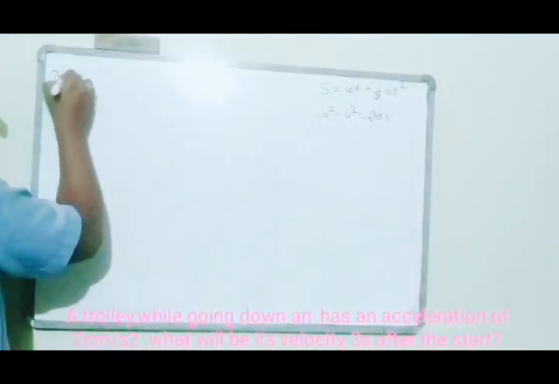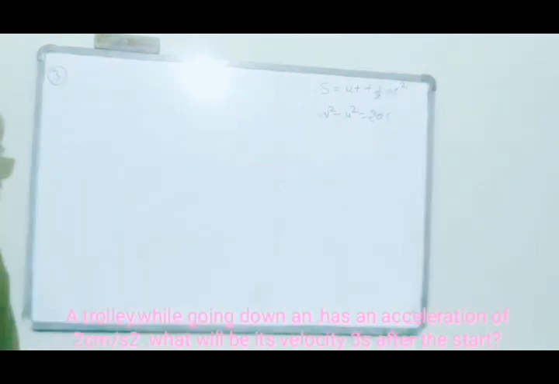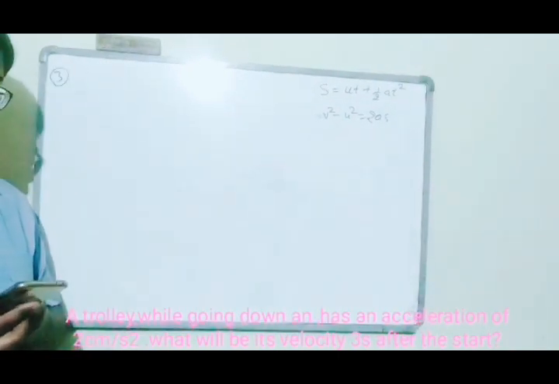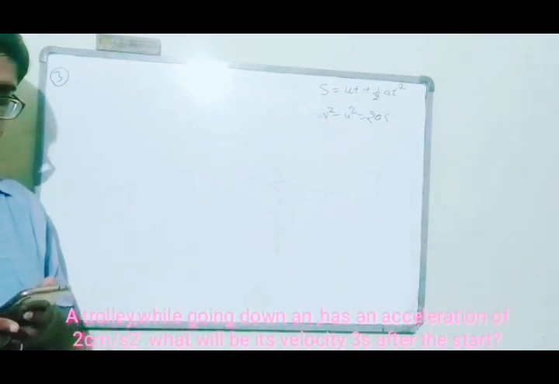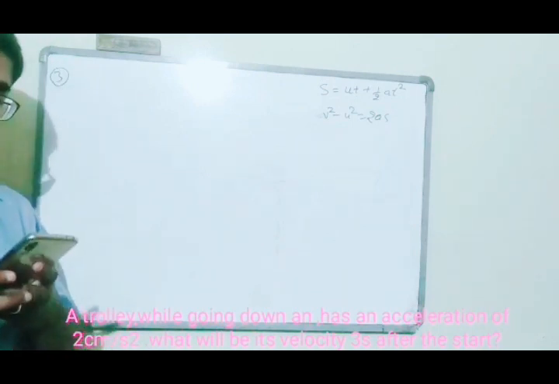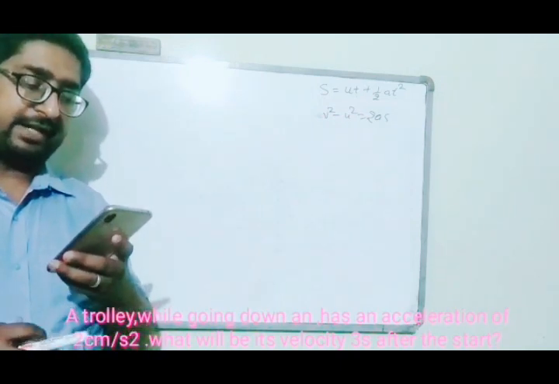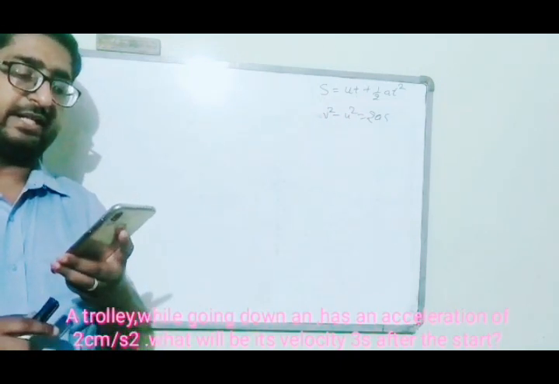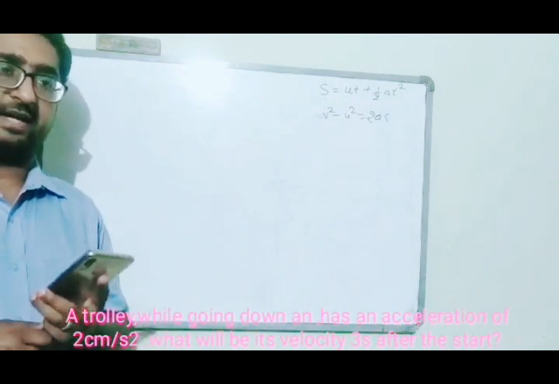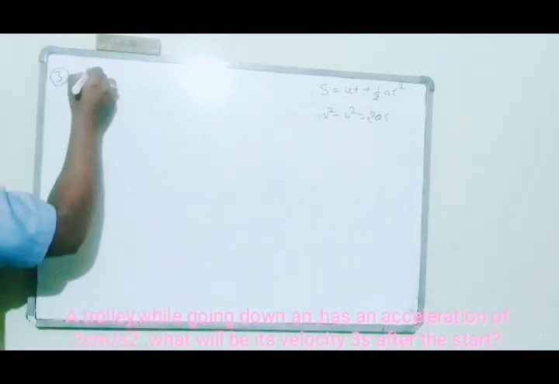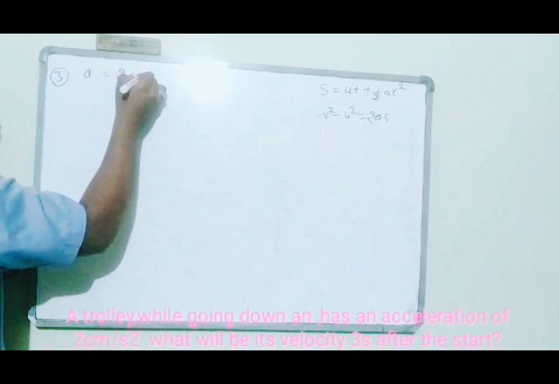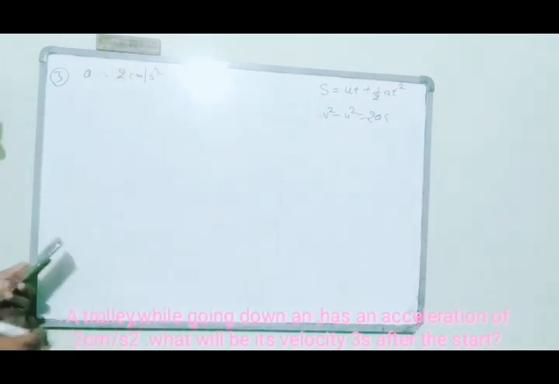Now for the third question. A trolley while going down an inclined plane has acceleration 2 cm per second square. Acceleration is 2 cm per second square, right?